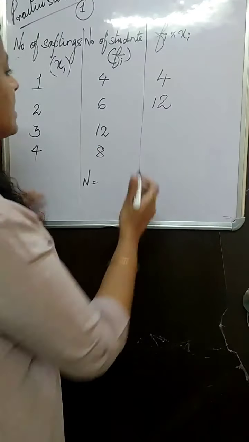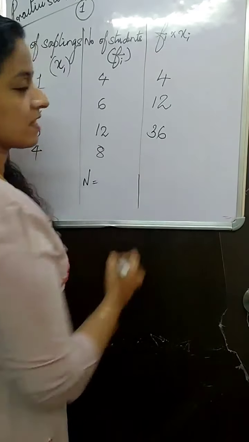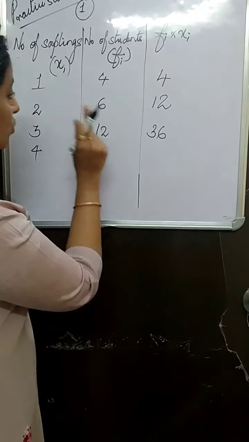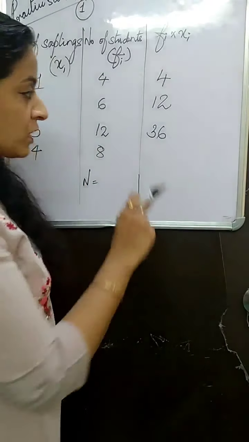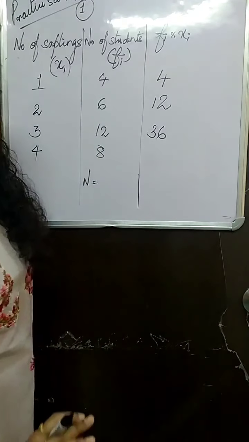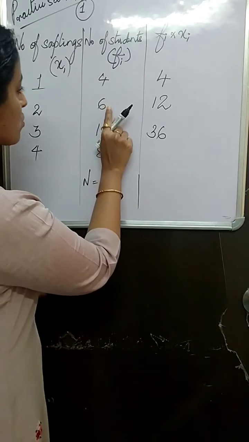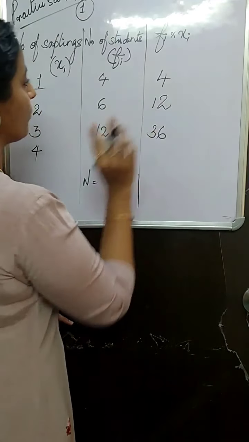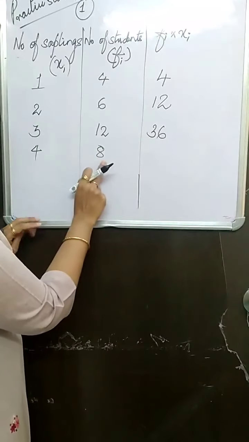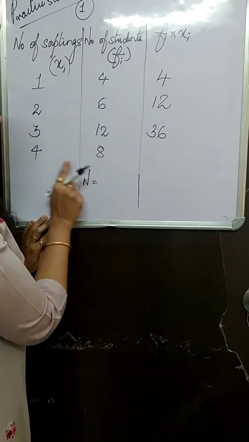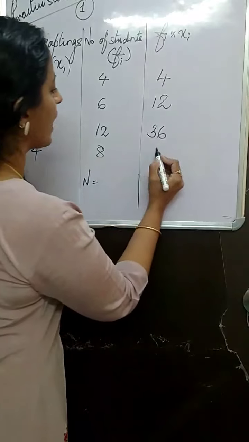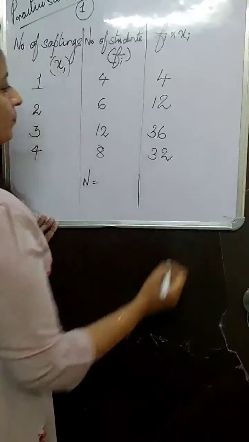So 12 3s are 36. One student was able to plant 3, so 12 students planted 12 into 3, 36. Understanding? One student planted 2, so 6 students, 6 2s are 12. Same way here also you have to read. One student was able to plant 4, so 8 students planted 8 4s are 32.